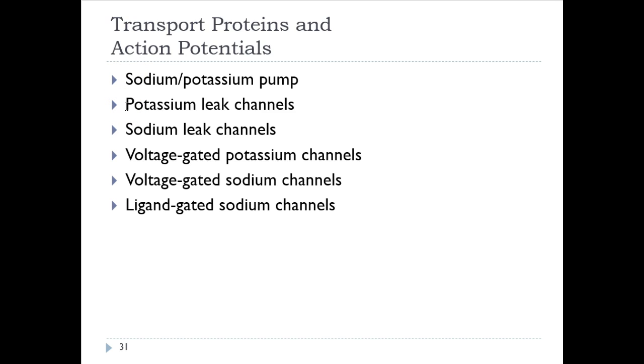There's a potassium leaky channel. There's a sodium leaky channel. And then there's two that are controlled by energy, a voltage gated potassium channel and a voltage gated sodium channel. And then finally ligand. Remember, that's like a key, and that ligand opens up a channel, so it's called a ligand gated sodium channel.